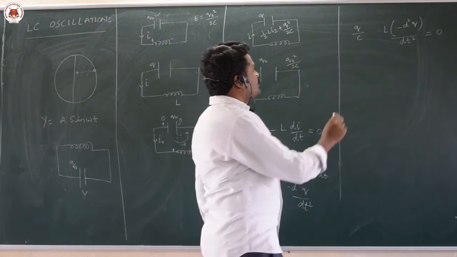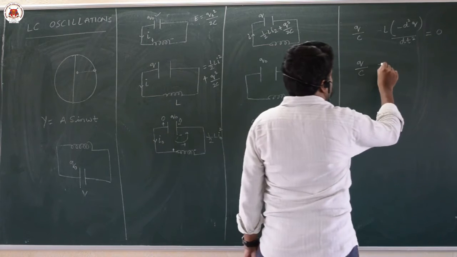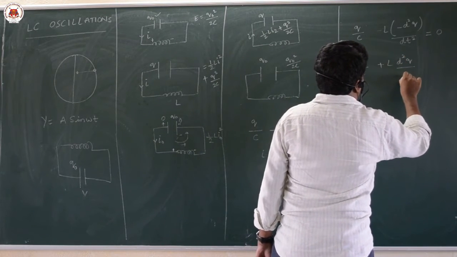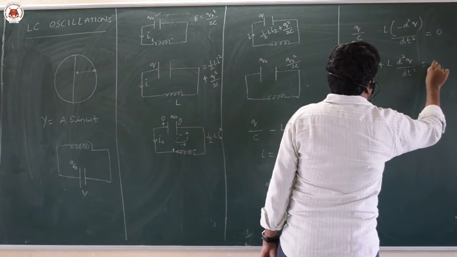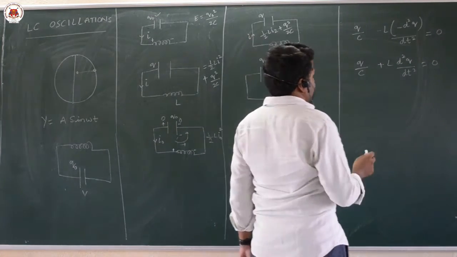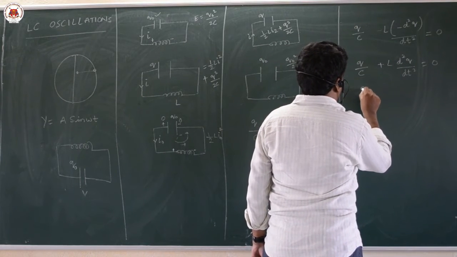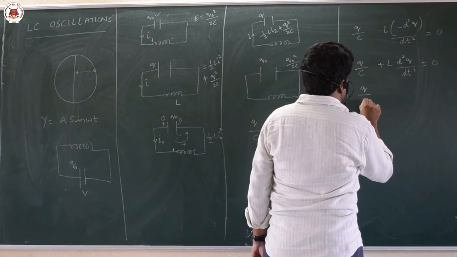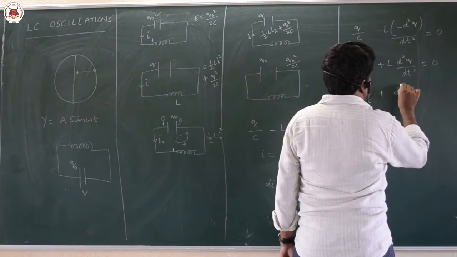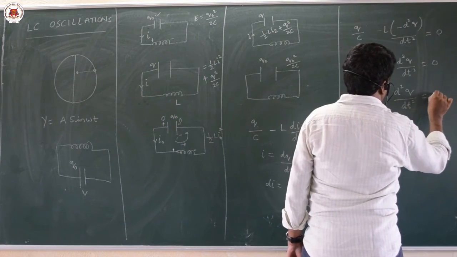Now this you can write as q by C plus L d square q by dt square is equal to 0. Now I can change it in the form of q by LC plus d square q by dt square is equal to 0.